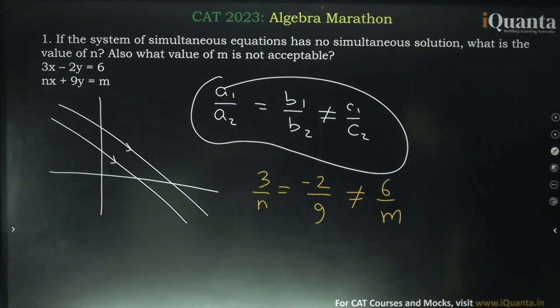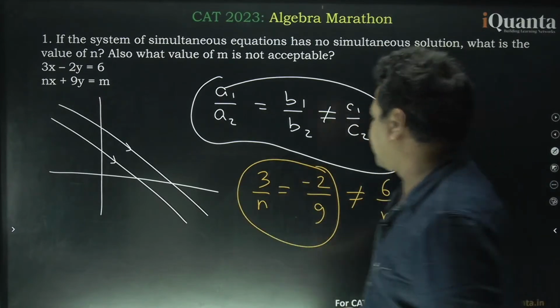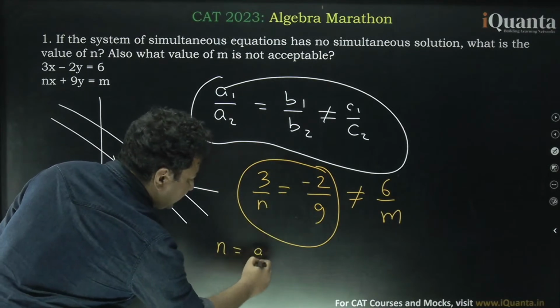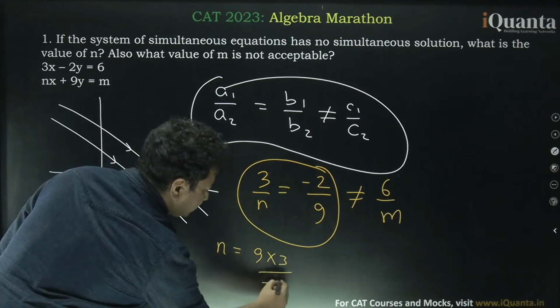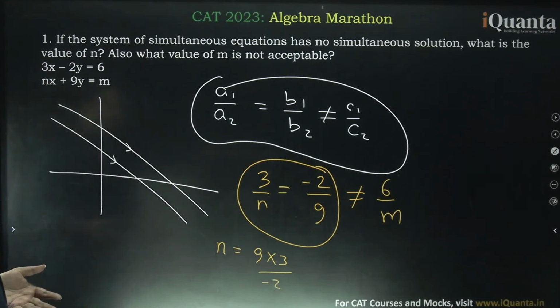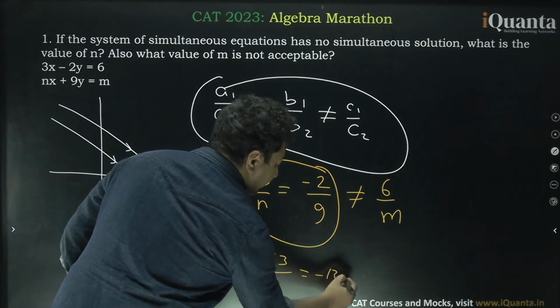It's very clear to all of us. Now they want the value of n. If you solve these two, you will get the value of n. The value of n will be 9 multiplied by 3 upon minus 2. That is minus 27 by 2, or we can say minus 13.5. I hope all of you got that.